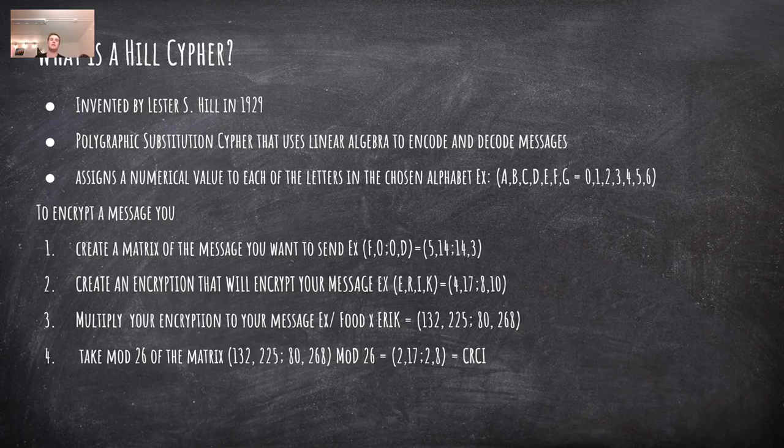You'll then take the modulo 26, because there are 26 elements in our key. You'll take the modulo 26 of the matrix 132, 225, 80, 268, and you will get 2, 17, 2, and 8, which will be CRCI.